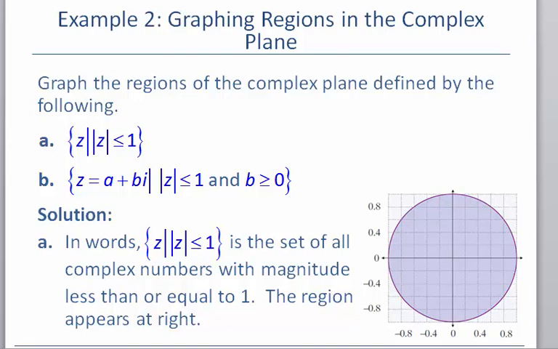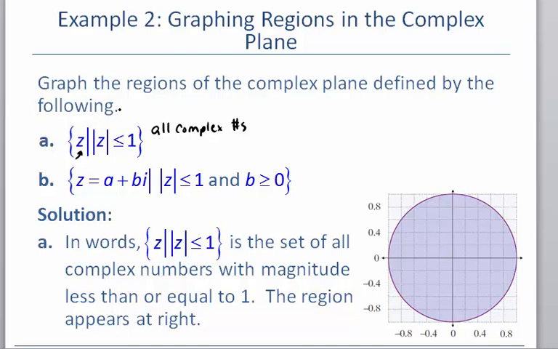We're now going to talk about graphing regions instead of points in the complex plane. Our first example asks us to graph the region defined by, and this notation sometimes is a little difficult to understand, all z, so all complex numbers.